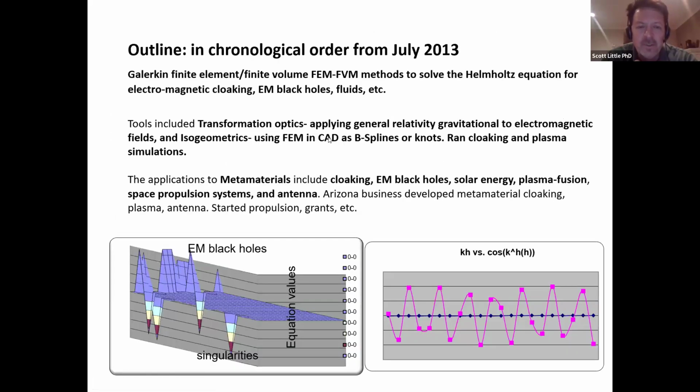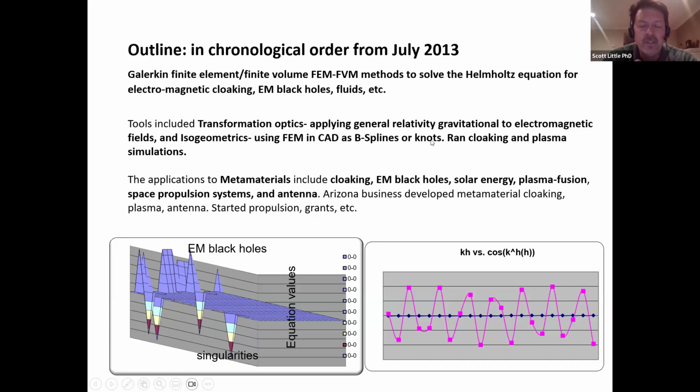What this has to do with is tying together all these different things like cloaking, finite element methods, and the wave equations, called the Helmholtz equation, which is related to Maxwell's equations for electromagnetic fields, and then creating electromagnetic black holes with metamaterials. How do we measure that? I've got some diagrams here on the bottom. We're using tools called transformation optics, which apply general relativity gravitational equations to electromagnetic fields.